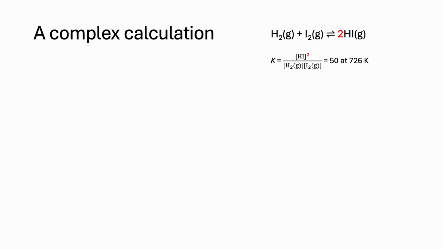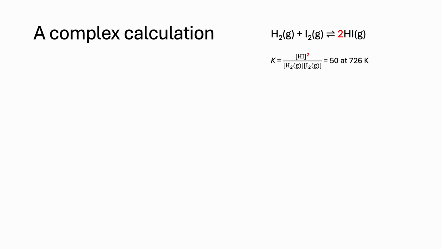I now want to look at a complex calculation. When we were looking at stoichiometry back in topic 9, we saw, for example, how we could calculate the amount of product we expected for a given quantity of starting materials. This works well for reactions that only proceed in one direction to the product.